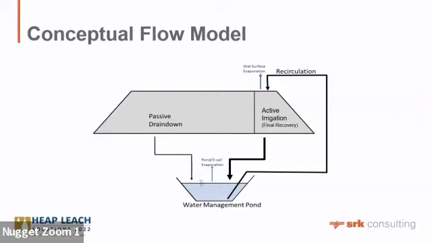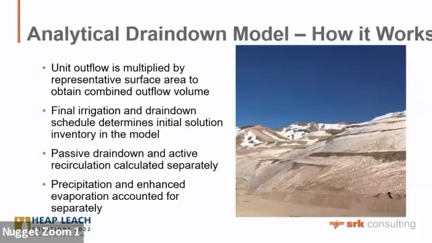Essentially, calculating these 2 areas separately allowed us to have better control and better keep track of the inventory. It also allowed us to break this up into different components that would allow us to have an opinion on the water management, ponds and recirculation, surface evaporation, enhanced evaporation, and what the effect of that is.